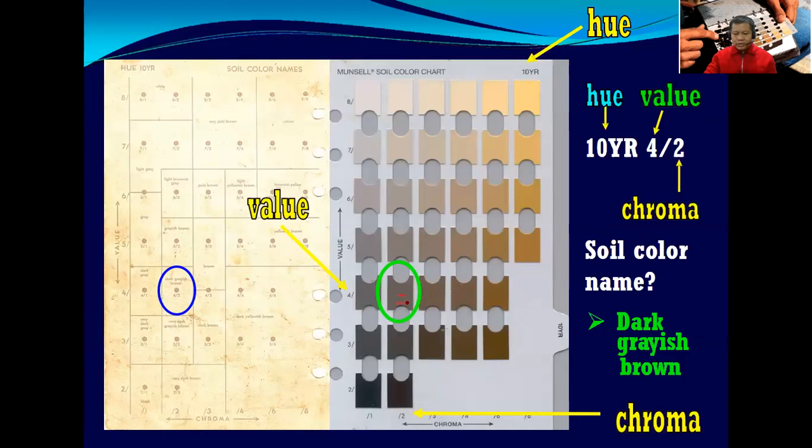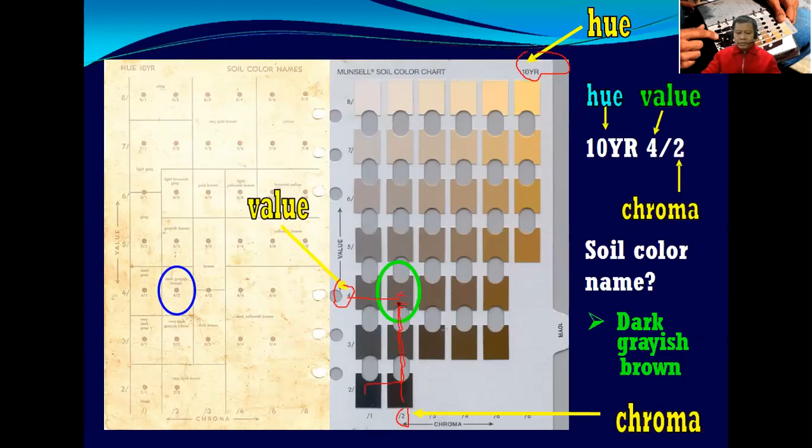The actual soil matches on this particular color in the Munsell soil color chart. Then the attributes of that color would be hue, which is 10YR, the value, which is 4, and the chroma, which is 2. So take note, no, parang ito yung mga intersection nila. Okay. Sorry.